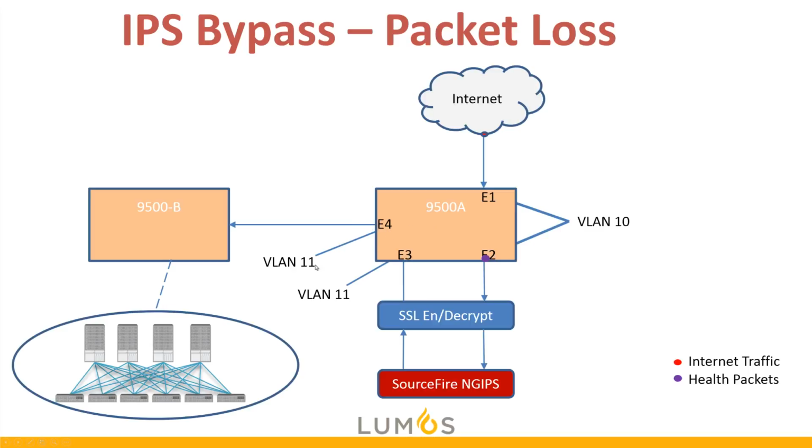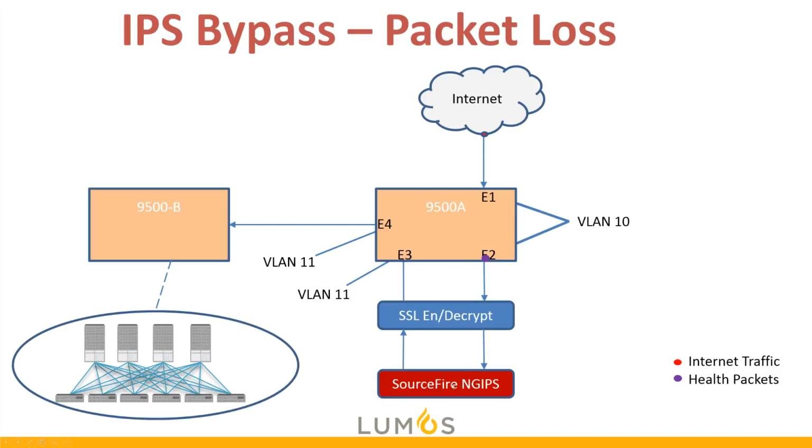So what we did was we placed E3 and E4 in a separate VLAN. Essentially, MAC address H, that's out here, is only learned on E4 on VLAN 11. So for an internet device's traffic to come in on E1 on VLAN 10 and pass to MAC address H, it's learned through this interface here because of the transparent device.